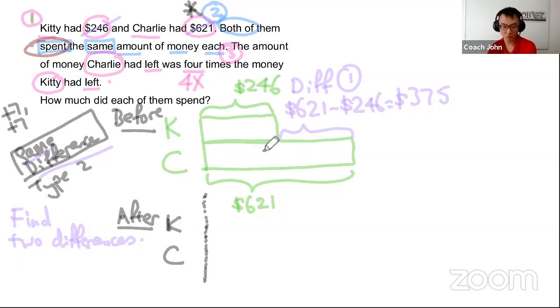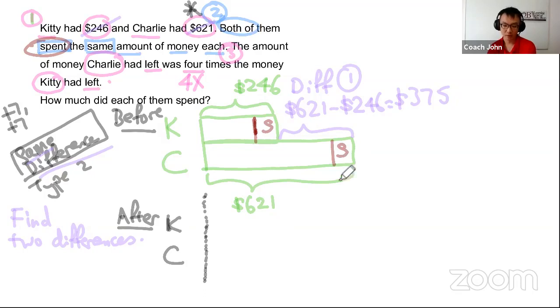So most children will learn, okay, spends, I'll cut here. Then I will just put S. Then Charlie also spends the same amount, right? So by right, it should be the same size.